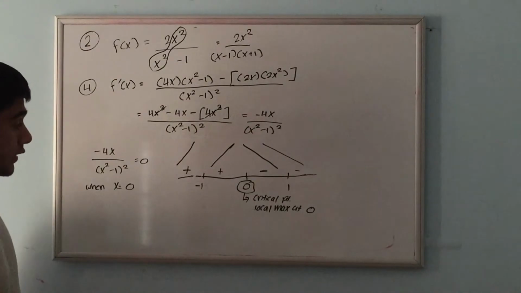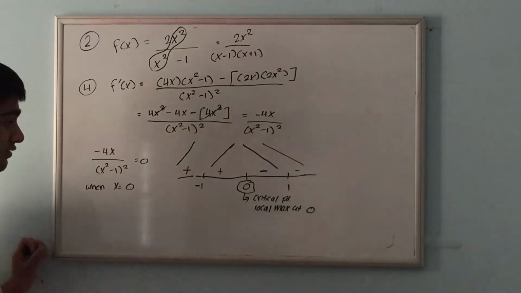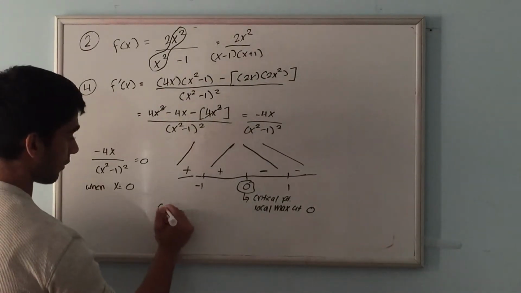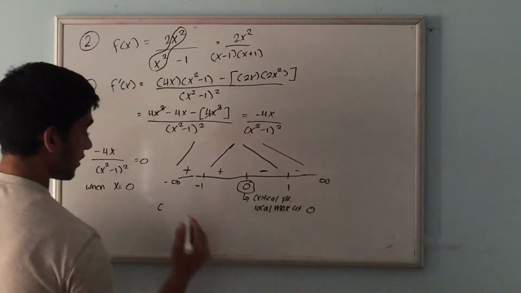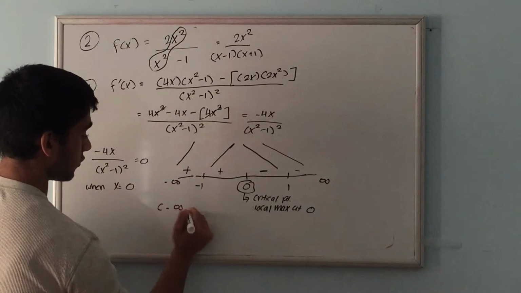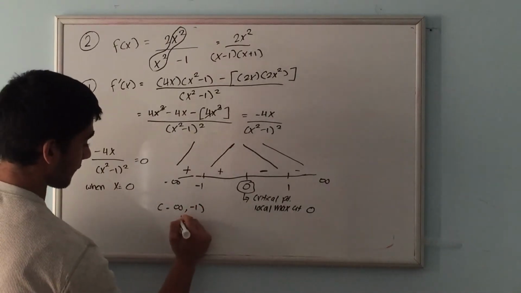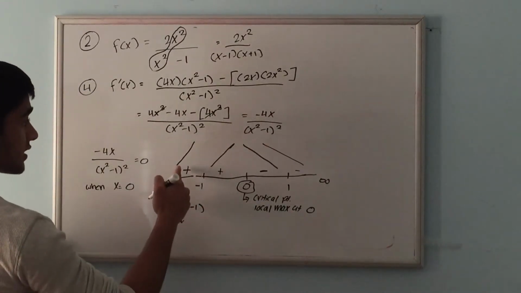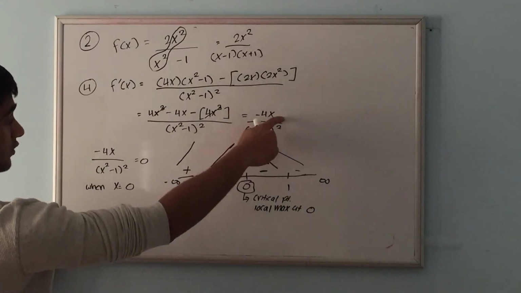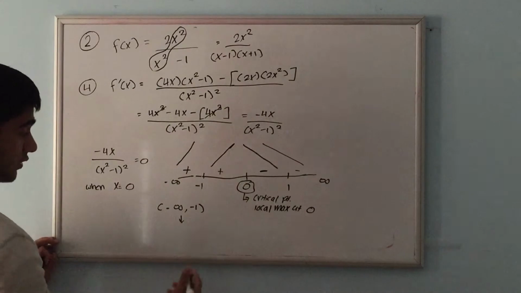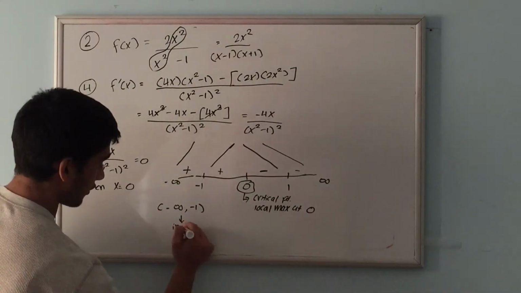So now we can write our intervals of increase and decrease. We can label this as negative infinity and this is positive infinity. So from negative infinity to negative 1, the function f of x is increasing, since when we plugged in a number between these two values into the derivative, we got a positive value. So the function is increasing here.